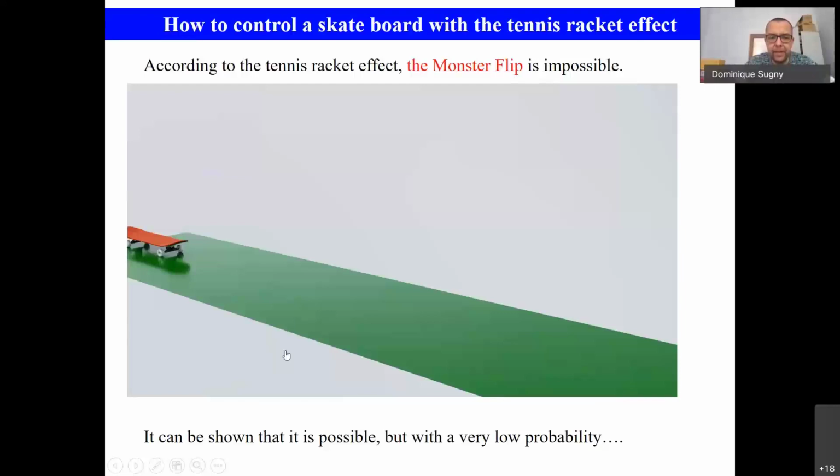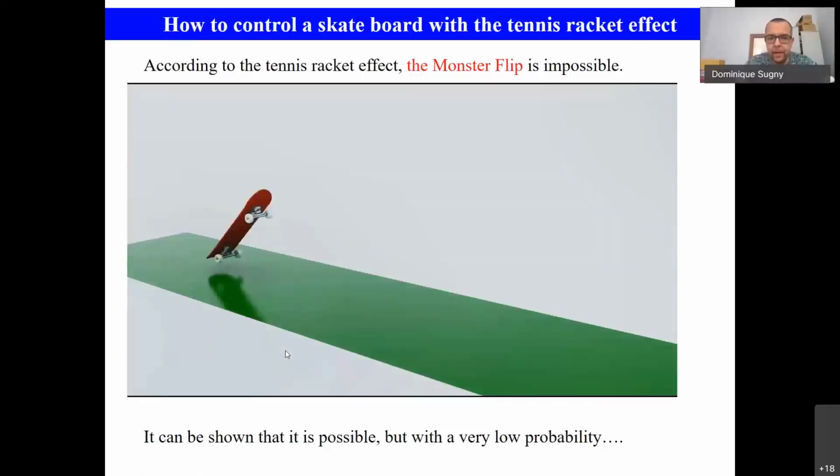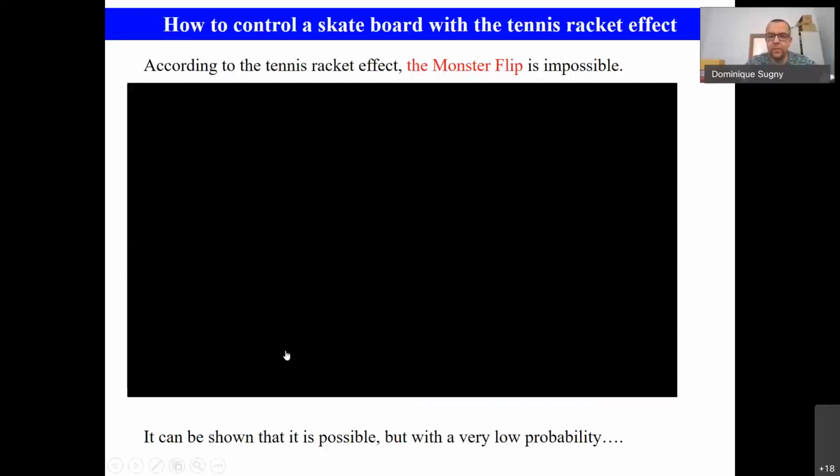I'm going to show you this short video illustrating the monster flip effect. We have a full rotation, and then the wheels fall back to the ground. And we can find some movies on the web of a real skateboarder, in real life, with a real skateboard, and it can be shown that it's possible.